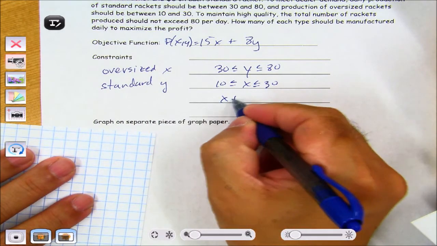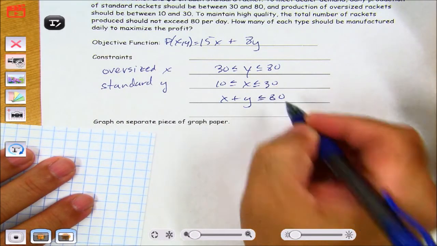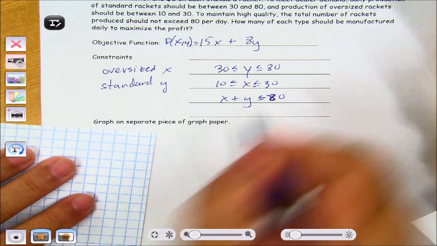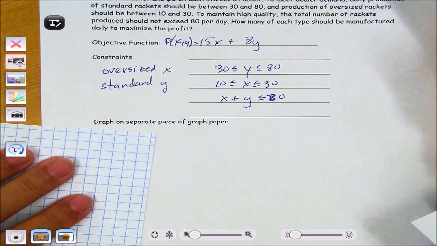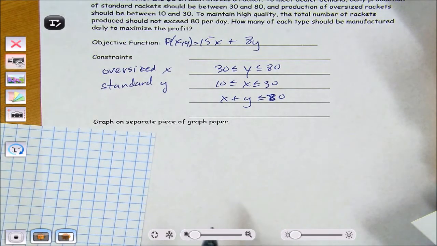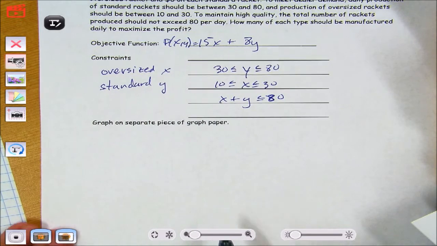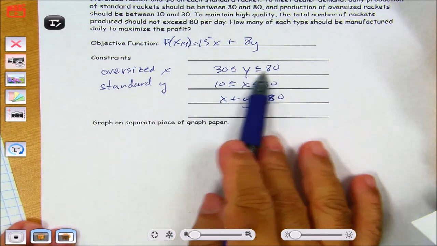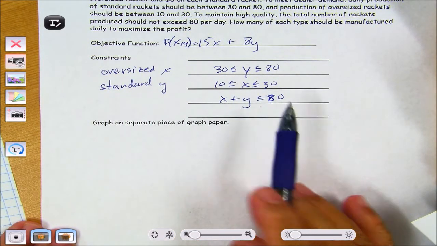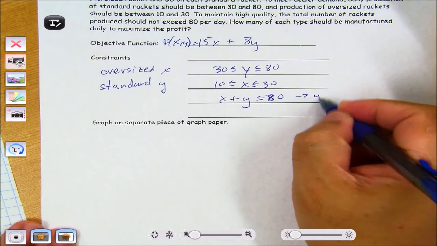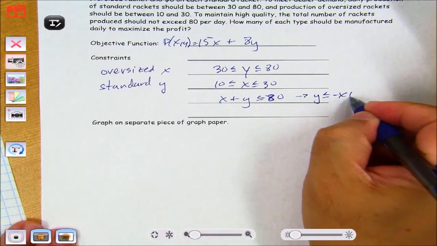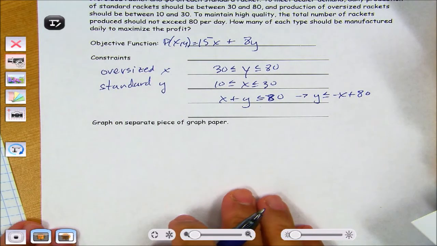So that's the two together, you can't make more than 80. I think that's it. I don't need to rewrite these two. I only need to rewrite that one, y is less than or equal to negative x plus 80. So I'm ready to graph it already.